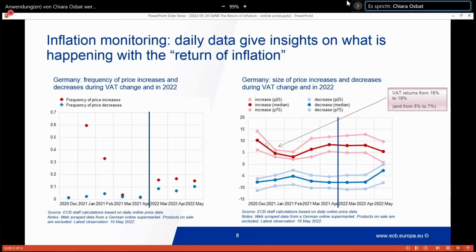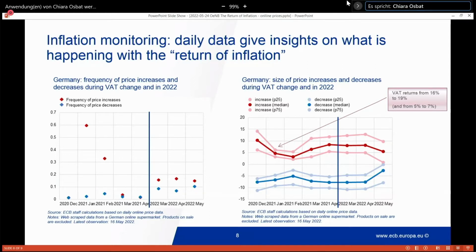Now, parallel to the increase in the frequency of price changes, of course, you tend to see a decrease in the sizes of these price changes, which is exactly what we saw in 2021, when very high frequency, but the size of the price increases was concentrated around about 3 percentage points. That was the change in the VAT. And now we are back at more or less the same level that we had in the similar months of last year.